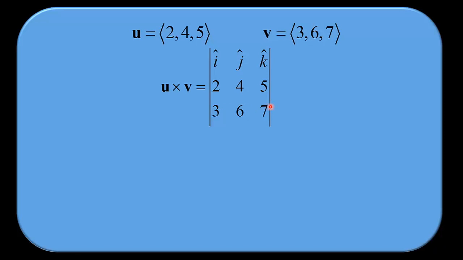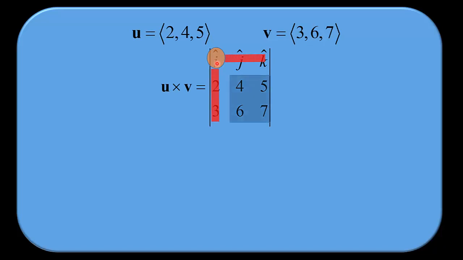Now let's look and see how we would work through this. First of all, we're going to go across the first row and we're going to select a pivot. I'll call it a pivot. We've got this component right here, the i vector. And what I'm going to do is eliminate everything below it and everything on the same row and everything on the same column.